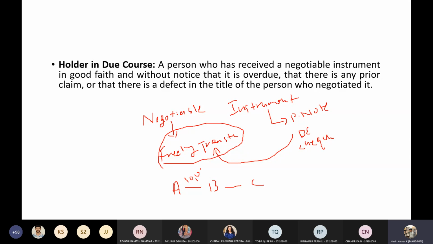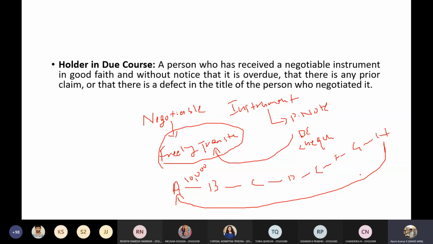Instrument 1000. Look at the volume of the transaction. Suppose this instrument comes back to the maker or the drawer again. Look at the volume of the transaction without paying even a single rupee.